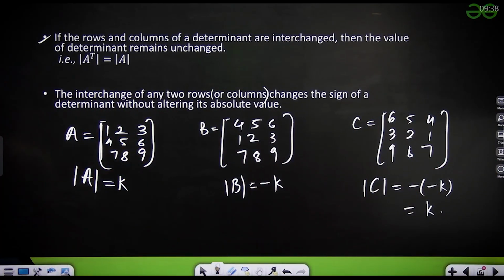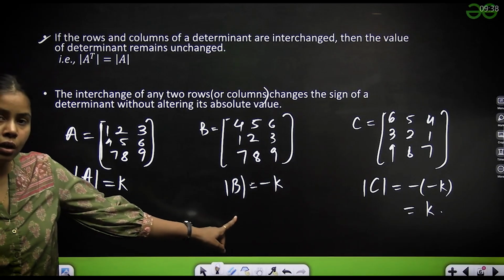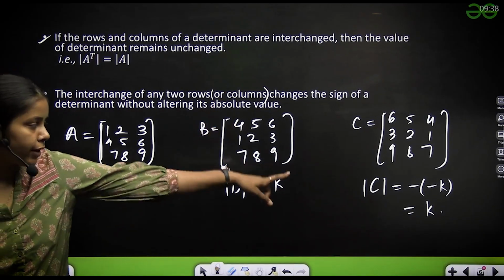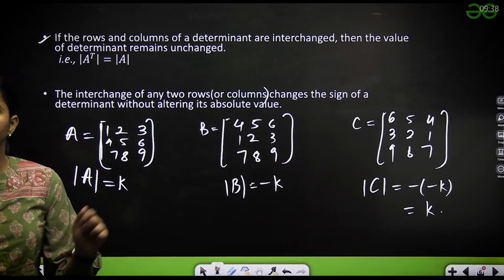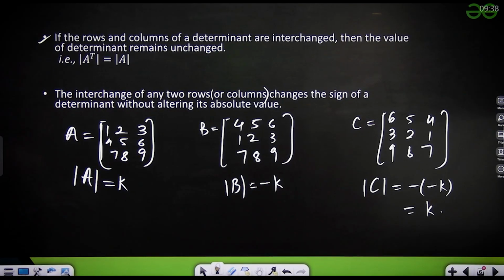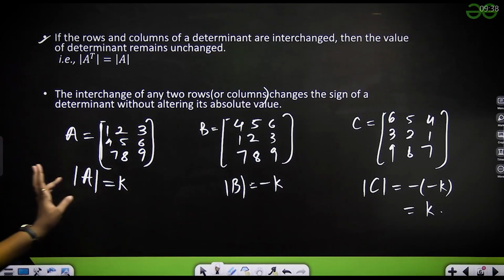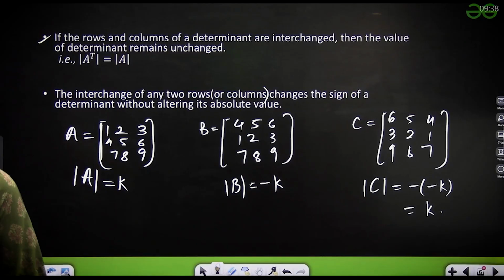If I interchange an odd number of times, the determinant gets multiplied with a minus sign. Even number of times, because negative times negative gives positive, it becomes positive, right? So interchange of any two rows or columns changes the sign of a determinant without altering its absolute value.